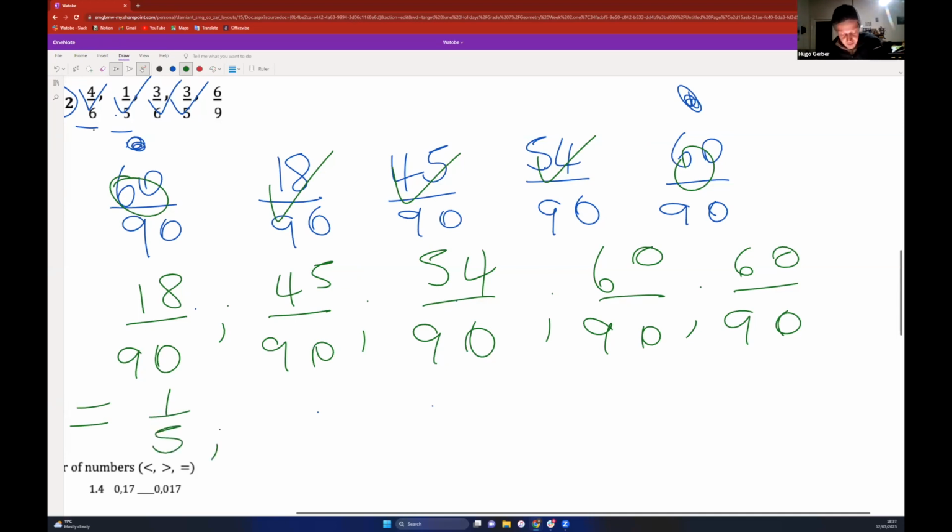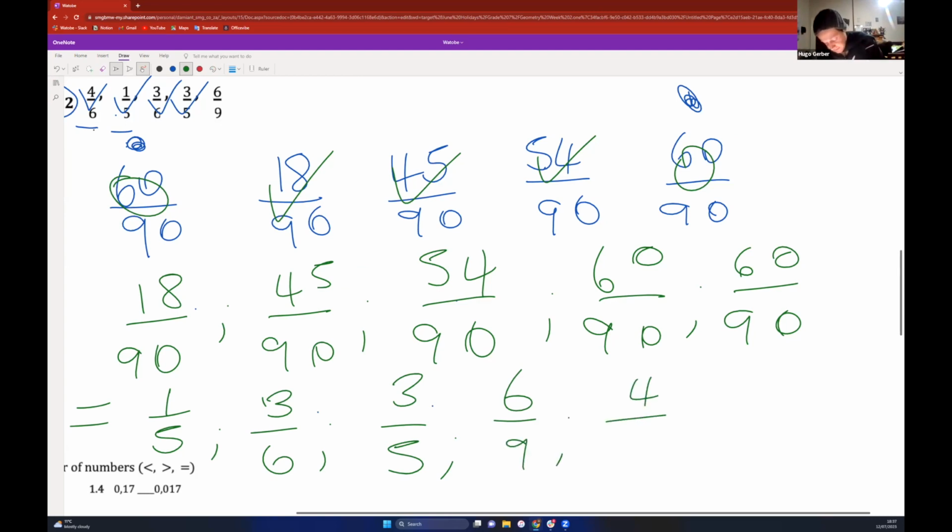Then we had our 45, which is 3 over 6. Then we had our 54, which was 3 over 5. Then we have our two 60s, and that is 6 over 9 and 4 over 6. Excellent.